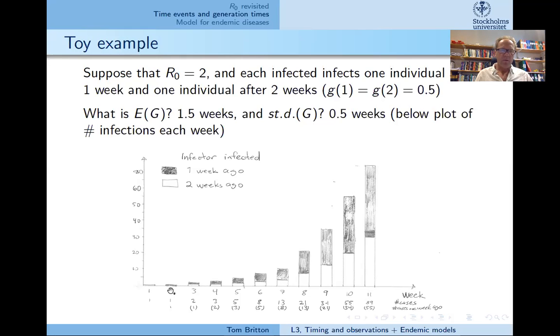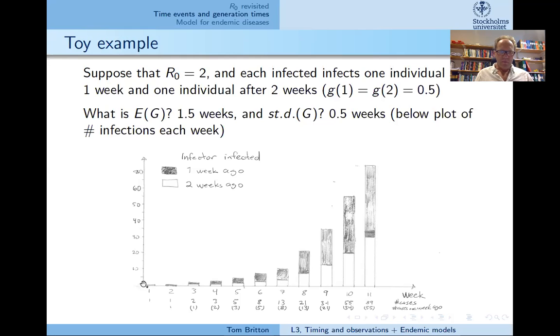But at week 3, this individual also infects 1 person. So in total, there are 2 persons infected here. Week 4, there are 3 persons infected. This person infects 1, and these 2 persons infect 2, 1 each. And here, week 5, there are actually 5 people getting infected, 2 from these 2 guys, and 3 from these 3 guys. And then it goes on.